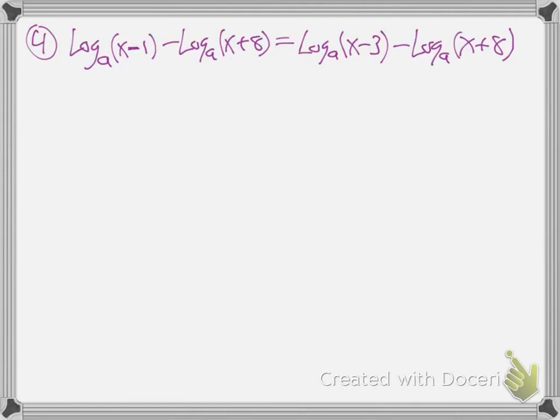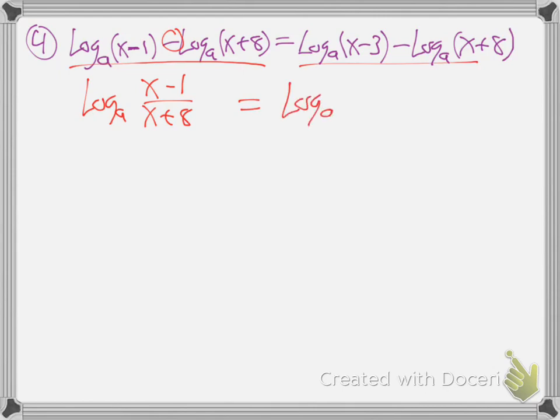Okay, so number 4 is a log question. We're going to make these 2 logs into 1 log, same base there. So subtraction becomes division. And over here, subtraction becomes division. So subtraction for 2 logs, easy job for 2 logs, harder job division for 1.